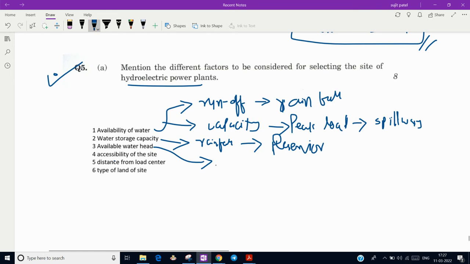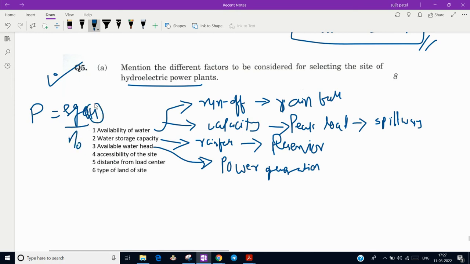So availability of water head, why is this considered? Because of how much power we can generate. Power generation in a hydroelectric power plant is P = ρgQH divided by overall efficiency.